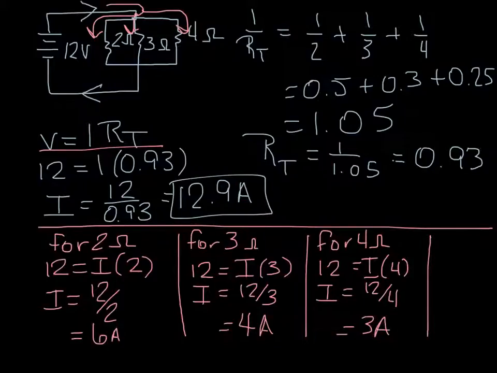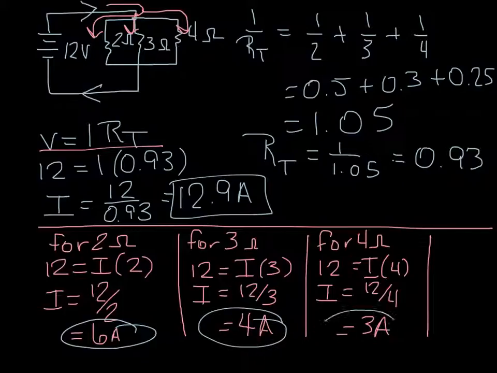Okay, let's look at something. If you take this current through the 2, and then through the 3, and then finally through the last one, and add them together, we should get something very close to if it was one solid resistor. So we need to find out if we get something close to 12.9.